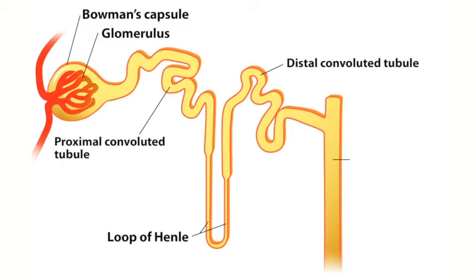Much of the water in the filtrate is returned to the interstitium and surrounding capillaries as it passes through the renal tubule. The remainder is delivered by the distal convoluted tubule to a collecting duct. The filtrate may be further concentrated as it passes through the collecting duct. When it reaches the distal end of the collecting duct, the filtrate is called urine.